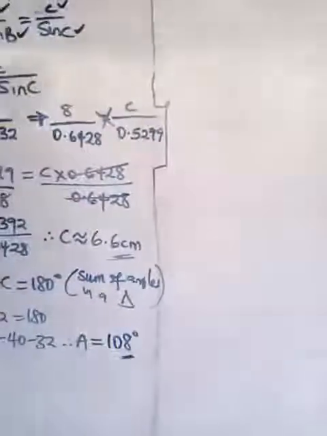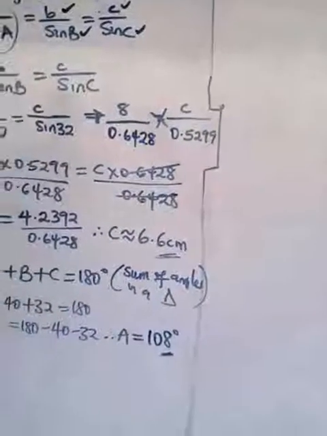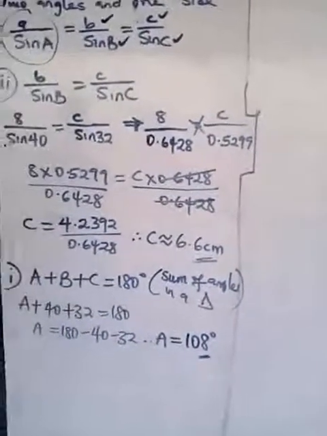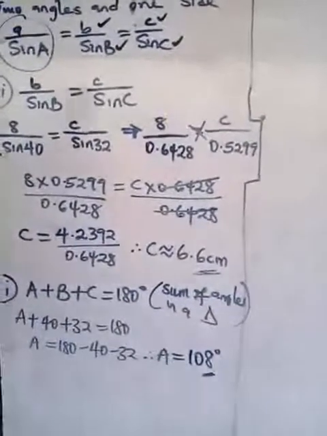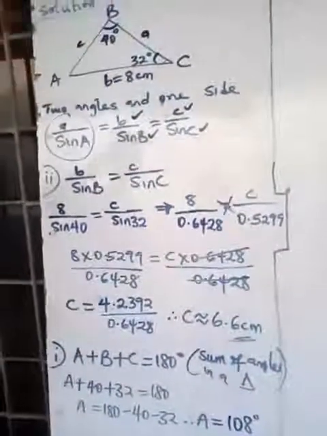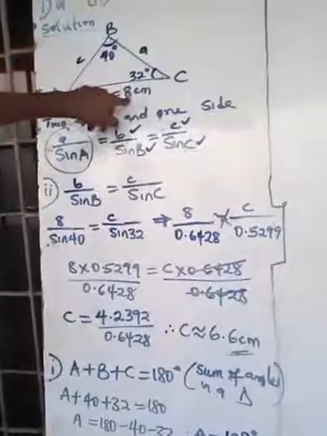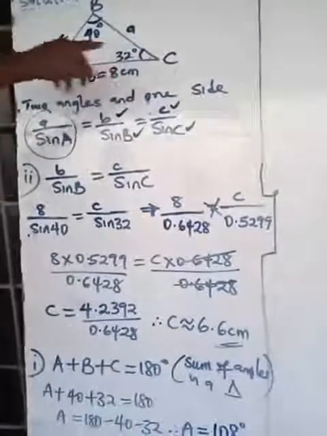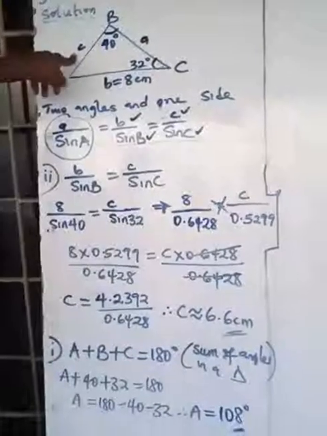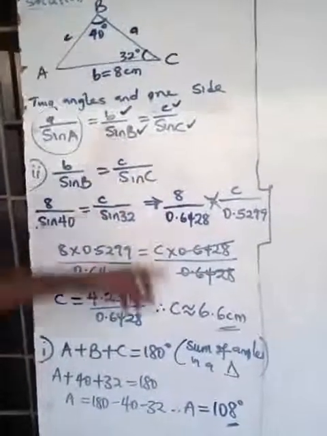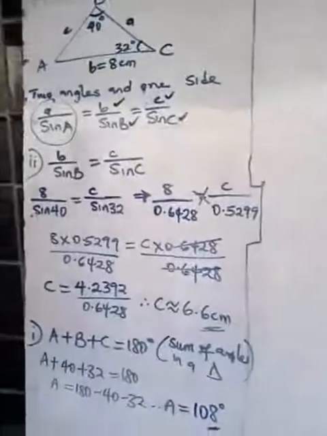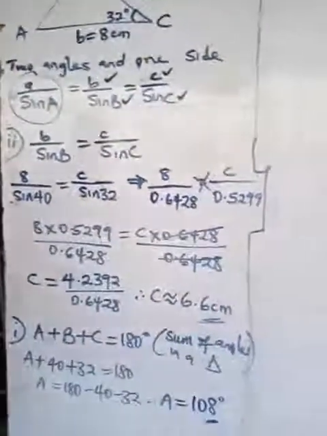That means angle A should have the largest side, because the side is directly proportional to the angle. This angle is 40 and the side is 8. When the angle is 32, we have a smaller side, 6.6. So when the angle is great, it should be a big side.